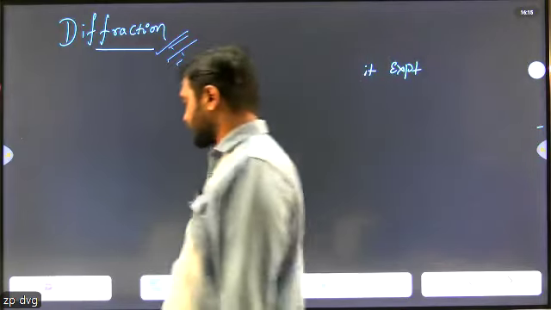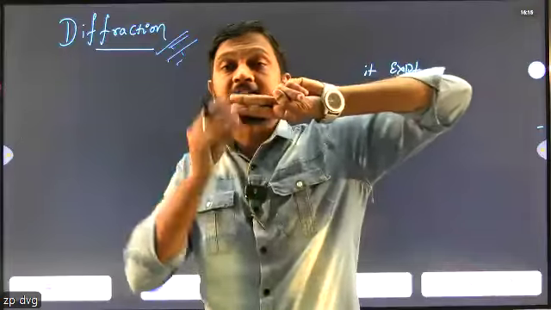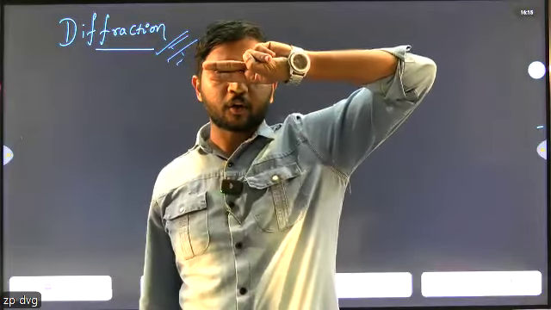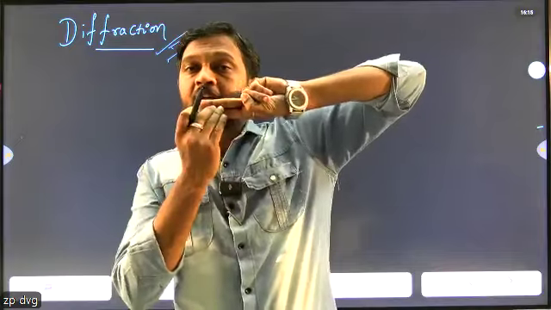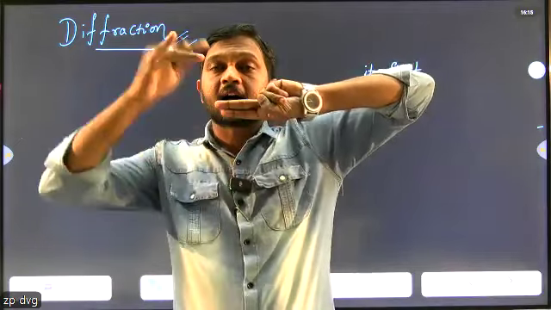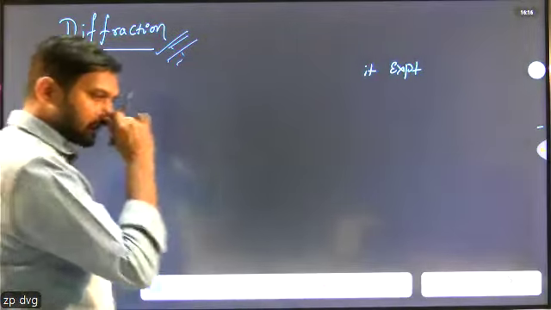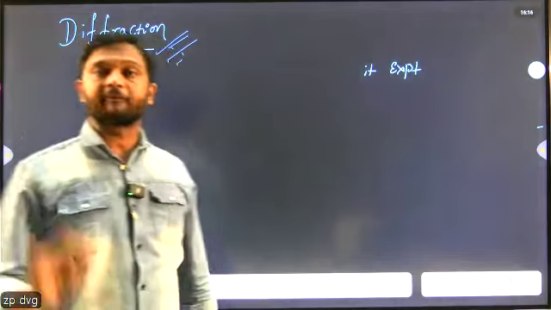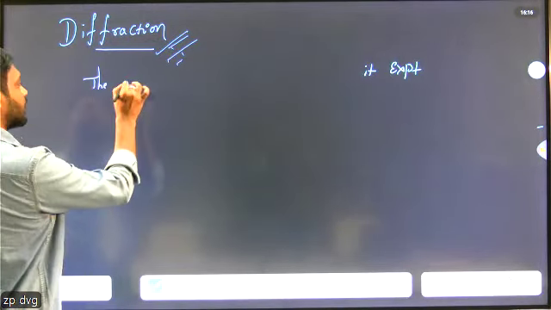So now, what is diffraction? Just hold two fingers like this. When we look through the small gap between them, alternate bright and dark fringes are observed. First, I will write the definition of diffraction.